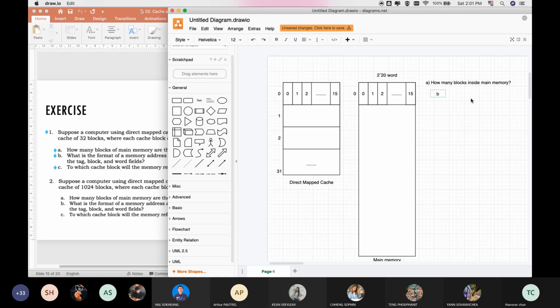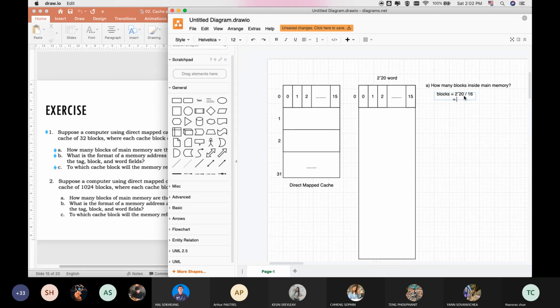Blocks equal 2 power 20 divided by 16, right? Because one block has 16 words and the memory contains 2 power 20 words, you divide by 16 to find out how many blocks are inside the RAM.